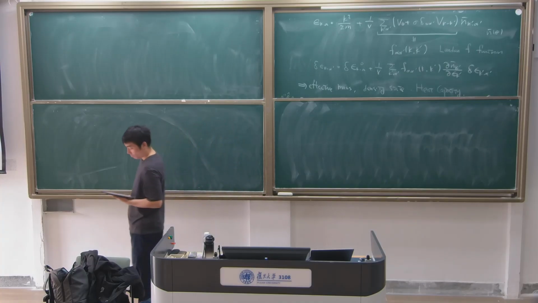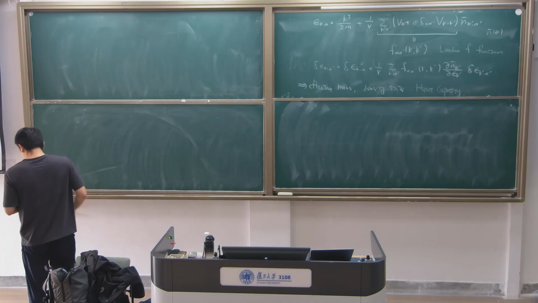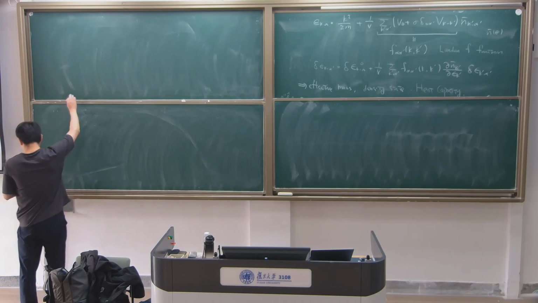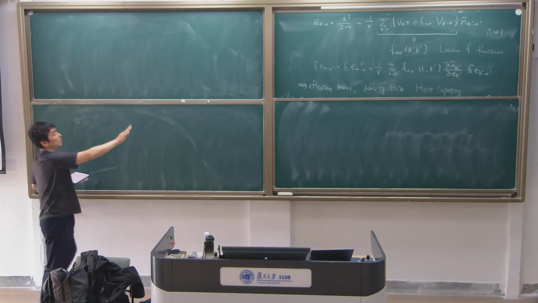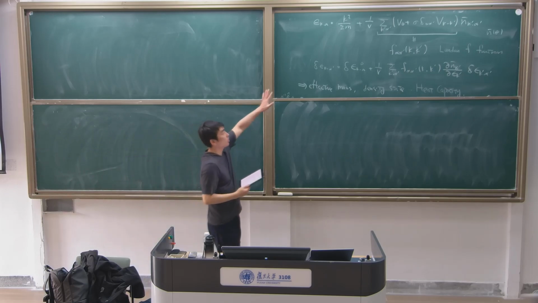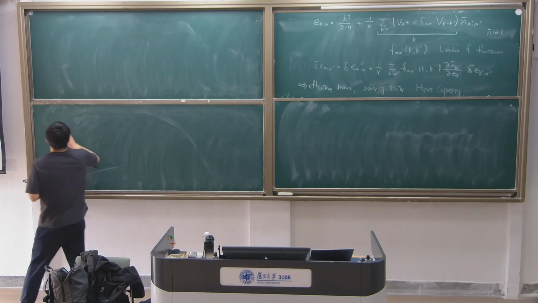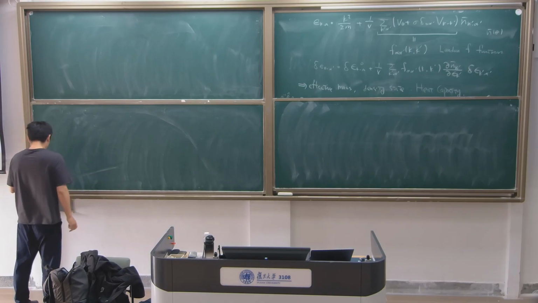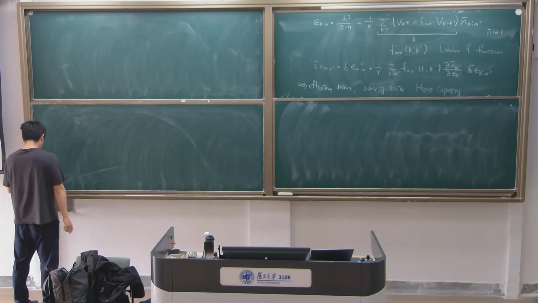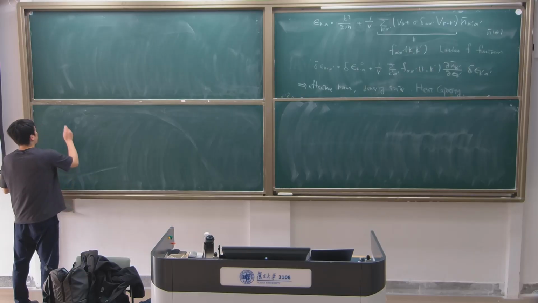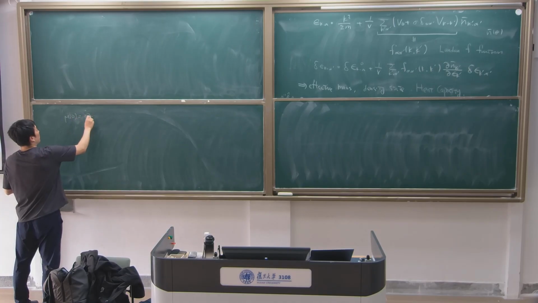Okay. So apply this Hartree-Fock equation to the low temperature fermions. We know for low temperature fermions, the chemical potential at zero temperature becomes the Fermi energy.